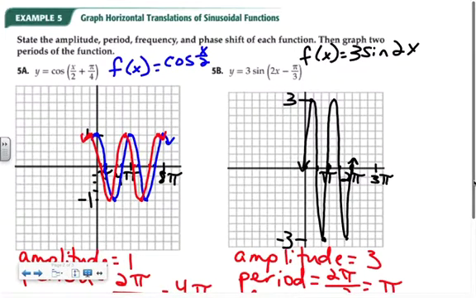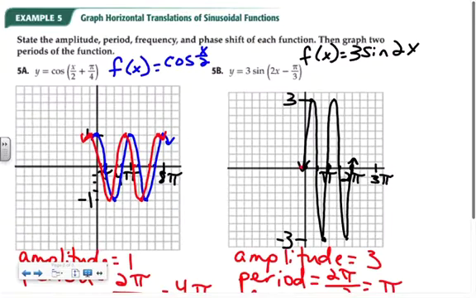Now, is this going to be the most precise looking graph ever? Probably not, but hopefully you get enough of an idea of how all of these pieces of the puzzle work together. So this is half a box to the left.